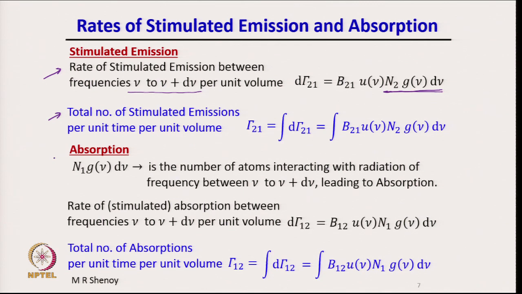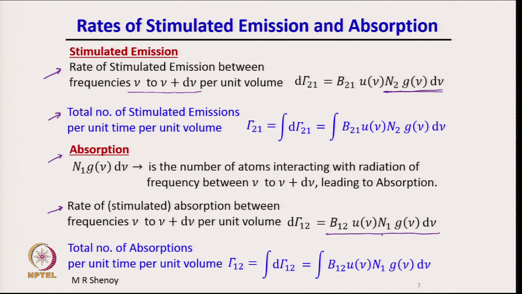Similarly, for absorption; this was for emission. N1 into G nu d nu is the number of atoms interacting with radiation of frequency between nu and nu plus d nu, which leads to an absorption. All absorptions are stimulated, so the rate of stimulated absorption between frequencies nu to nu plus d nu is given by this expression here.